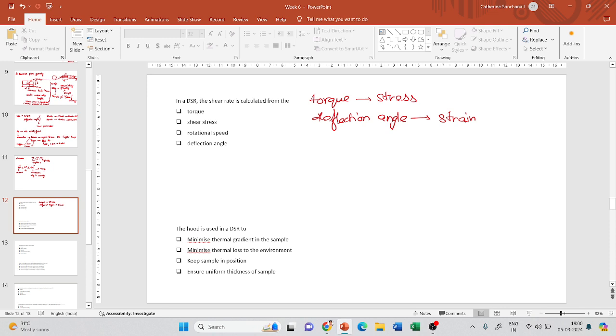The deflection angle is used to measure strain, and the speed is used to measure the shear rate. So the answer to this is rotational speed.